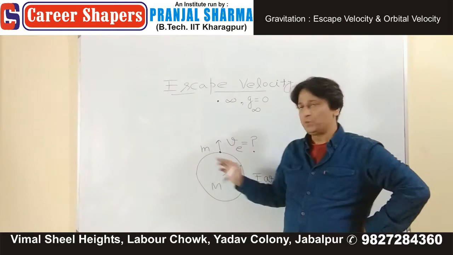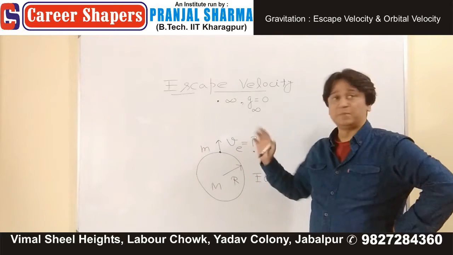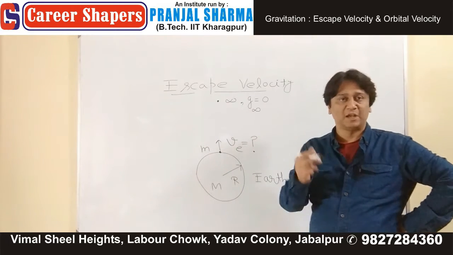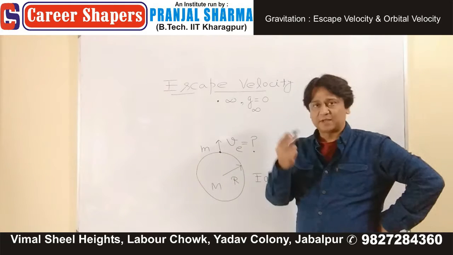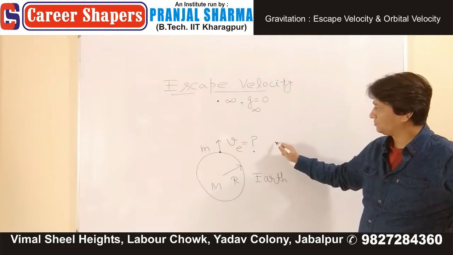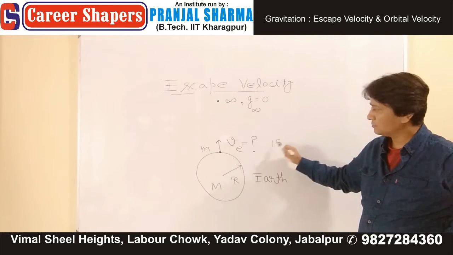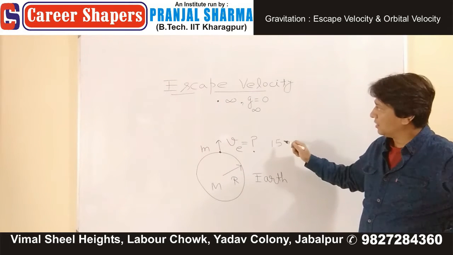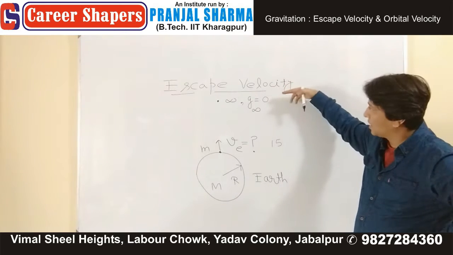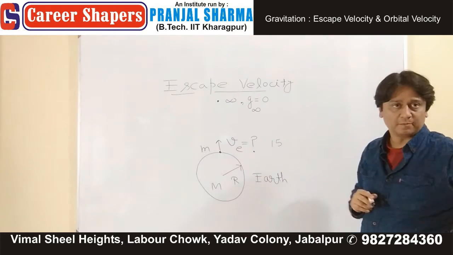Now, why do we say that v is minimum? Why not simply any velocity? Let's say, just for your understanding, this v is 15. With 15, you can cross infinity and move to the other side.